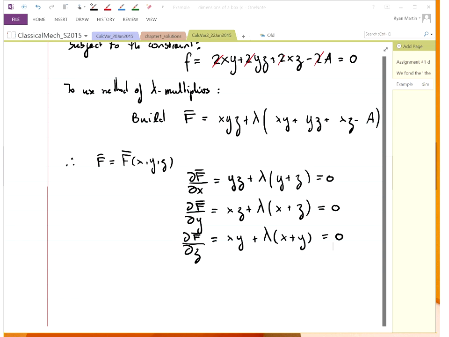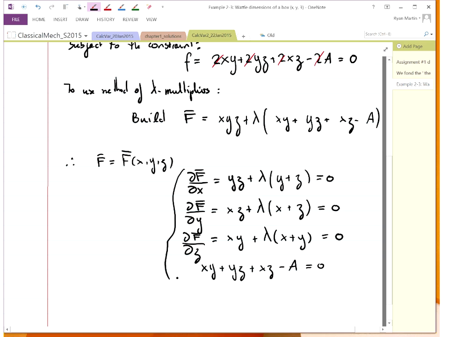So the 4th equation that we get is the original constraint equation, which is xy plus yz plus xz minus a equals 0. So that's 4 equations, 4 unknowns. The unknowns are x, y, z, and lambda.